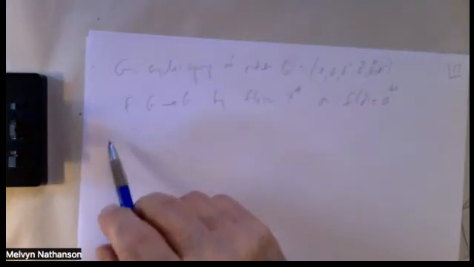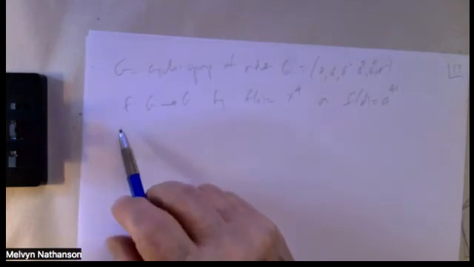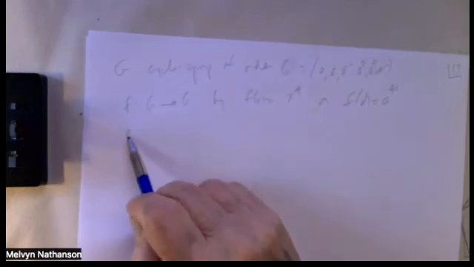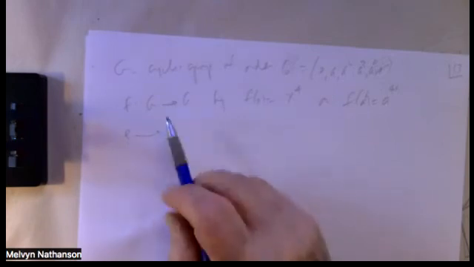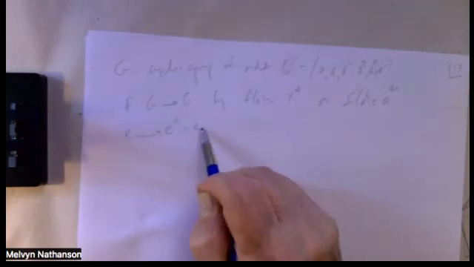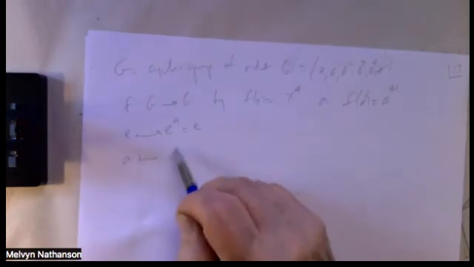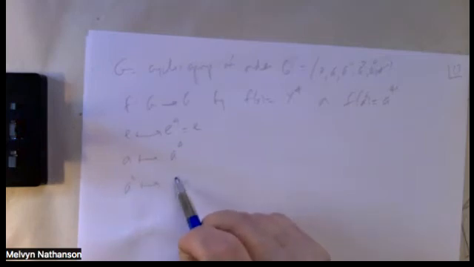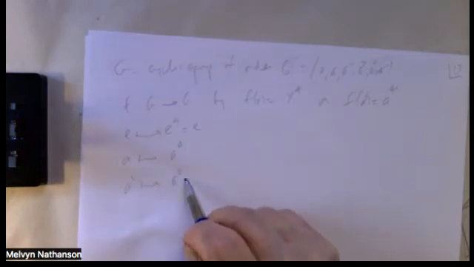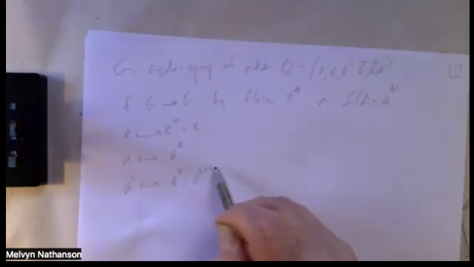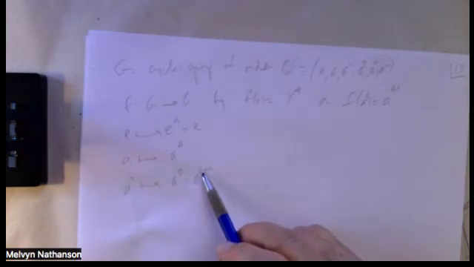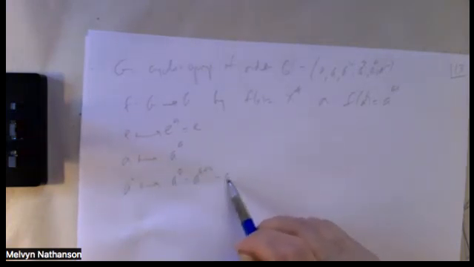So let's just see how this function works. E goes to E to the 4th, which is E. A goes to A to the 4th. A squared goes to A to the 8th, which is A to the 6 plus 2. A to the 6 is the identity, so this is A squared.